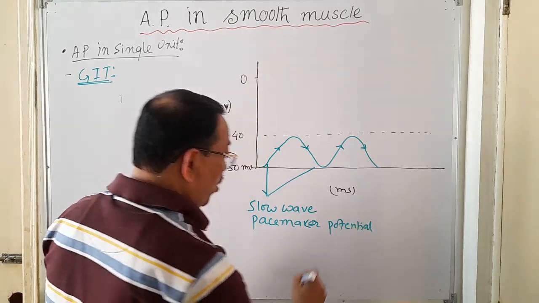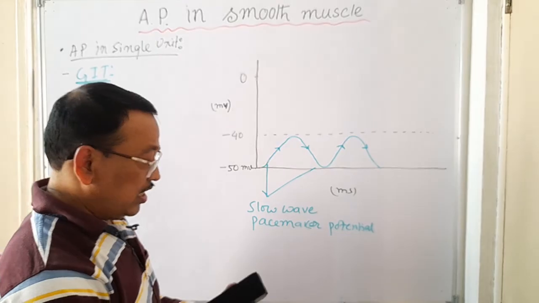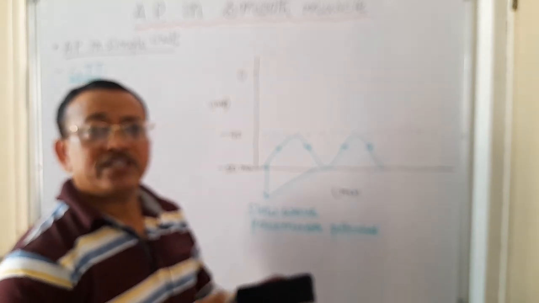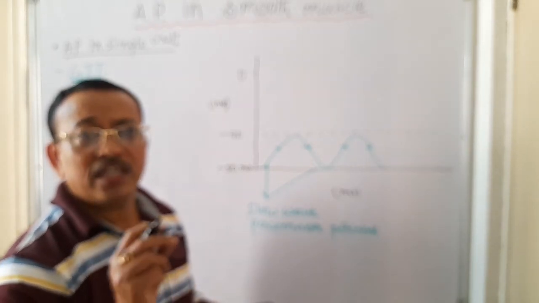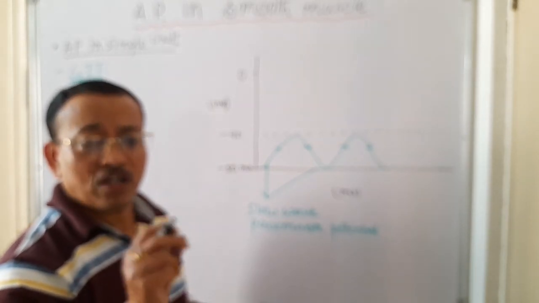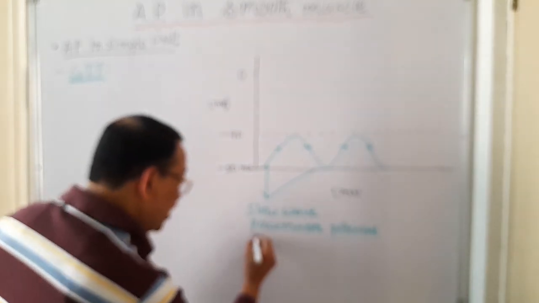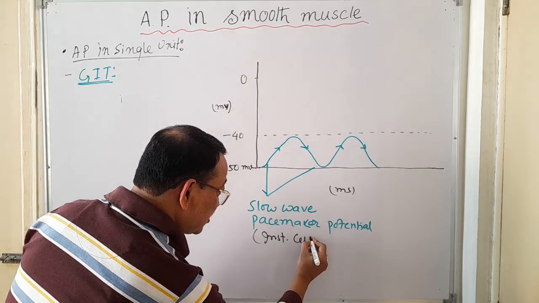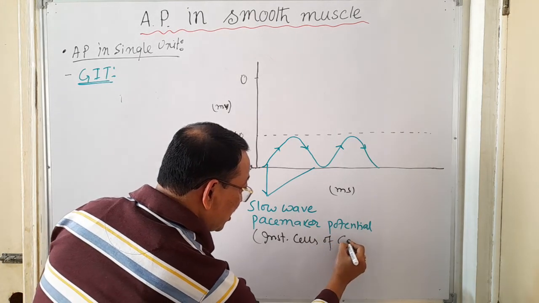And this slow wave pacemaker potential is initiated by a special type of cells present on the wall of the intestine, especially in the wall of the duodenum, that is known as the interstitial cells of Cajal.